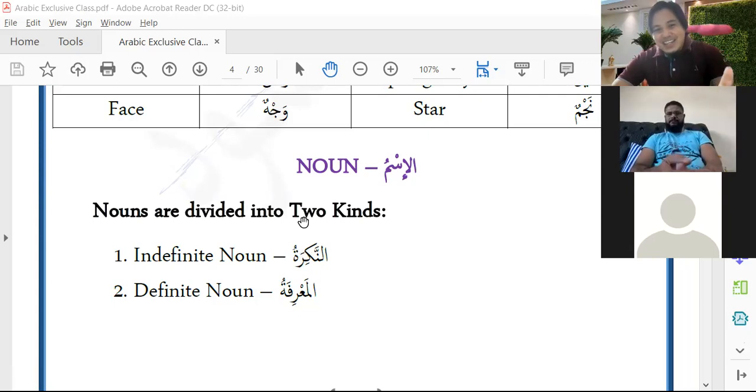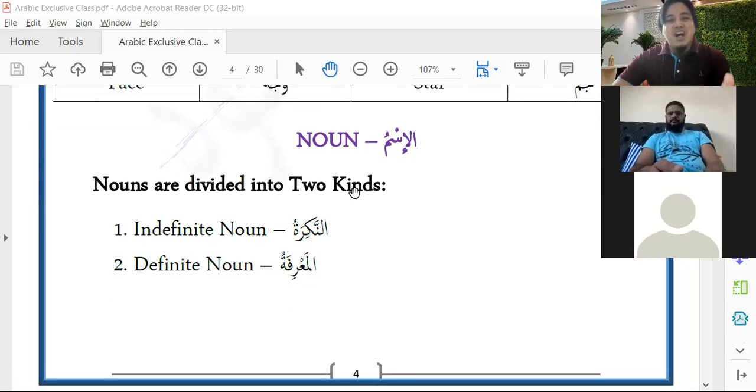Okay, so these two kinds of nouns are now very clear to you, and I'm going to give you examples, because sometimes you will find nouns that have no alif lam but are still considered definite nouns.